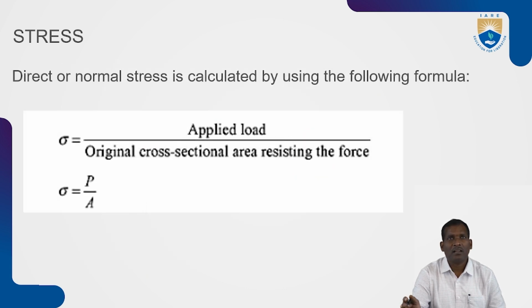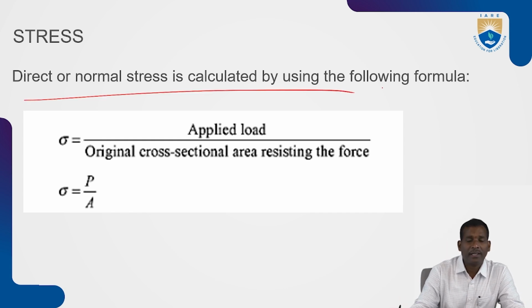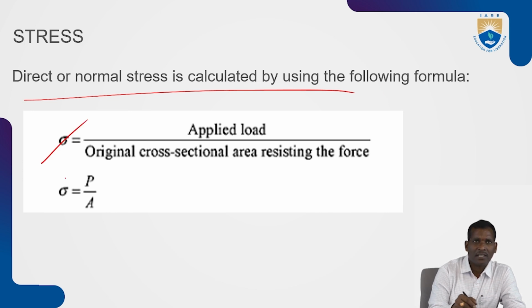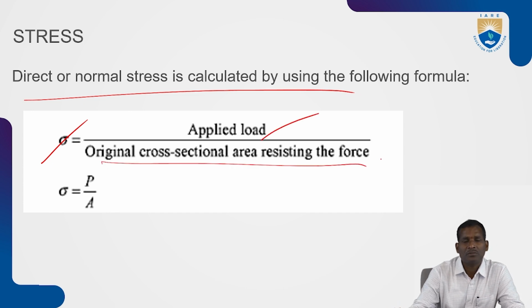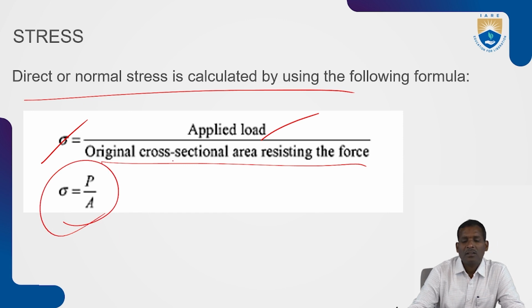The direct or normal stress is calculated by using the following formula. This is direct load, applied load, and original cross section area resisting the force. So that is called as normal stress.